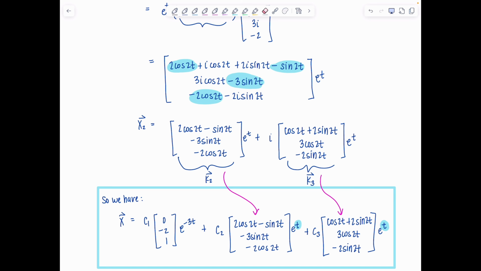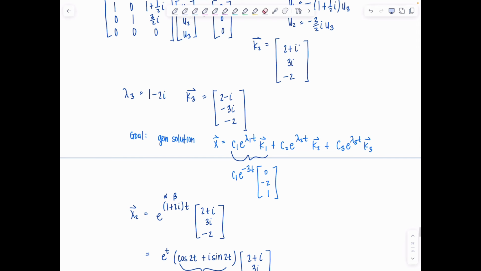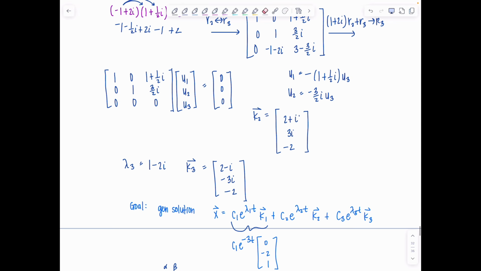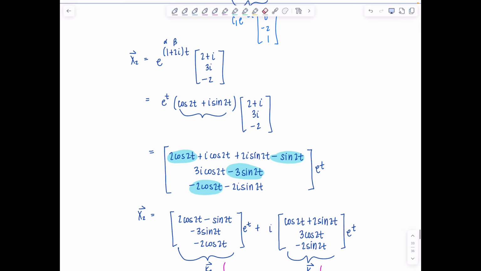So they're always the same e to the whatever. You know when you use Euler's identity, e to the it is equal to cosine t plus I sine t. So you have e to the alpha plus beta it.